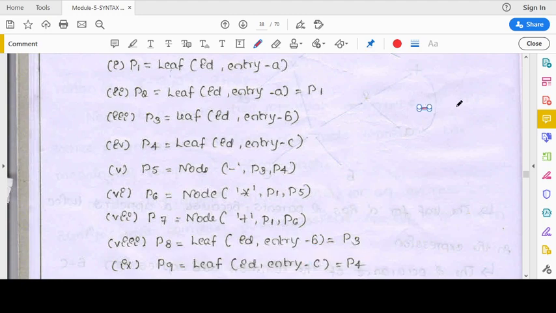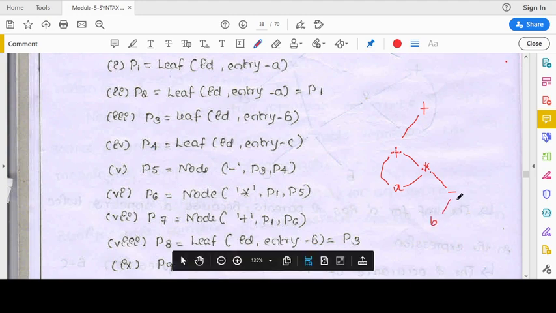So I had plus here, plus left child was A, plus left child was plus again, and I have A, so left child of plus was A, right child of plus was star, and left child of star is again A, right child of star was minus, and I have B, and I have C, right?